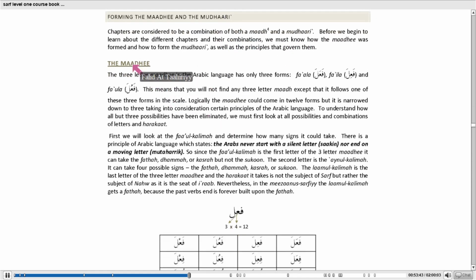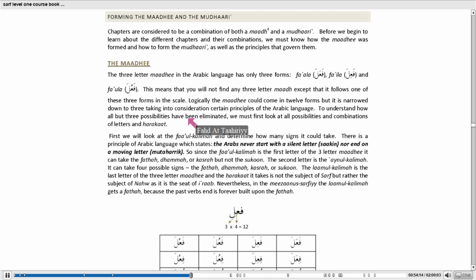So he says the madi. The three-letter madi in the Arabic language has only three forms. Subhanallah. So every three-letter verb has to be one of those three forms. That's it. In the whole Arabic language there are only three.